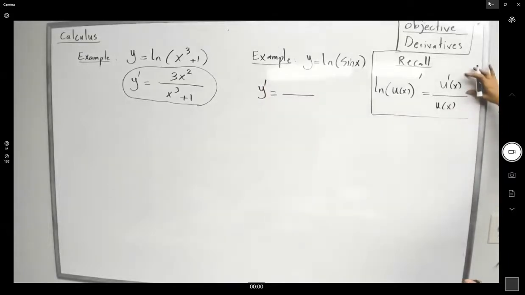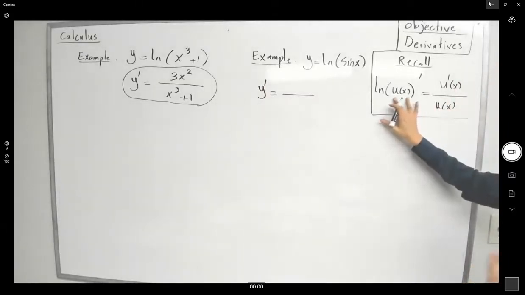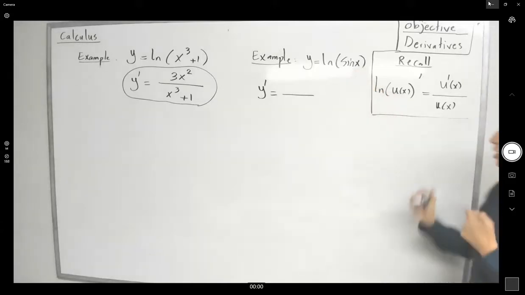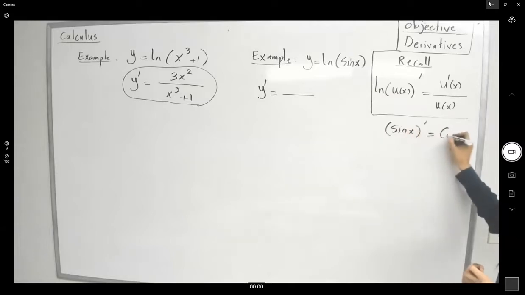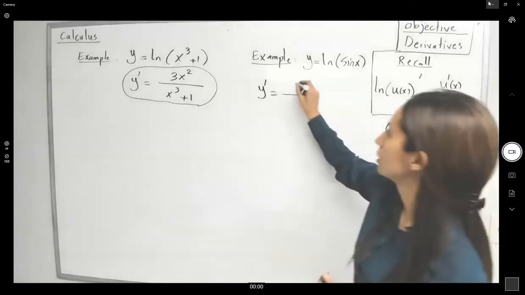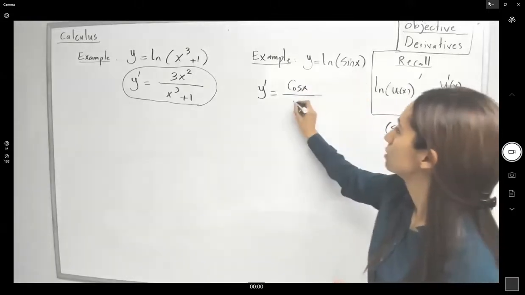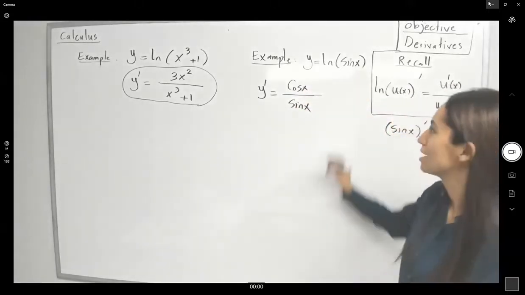On top of the fraction, you have to take the derivative of the quantity inside parentheses. U of x is sine. The derivative of sine is cosine. So cosine goes on top of the fraction divided by sine of x. It's a trig function, which is cotangent.